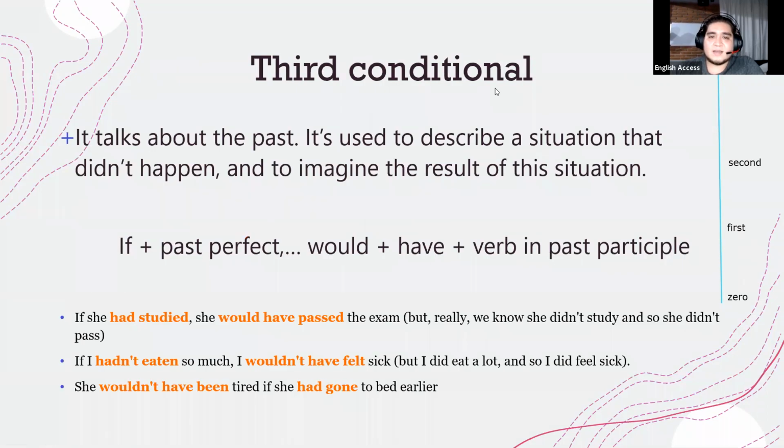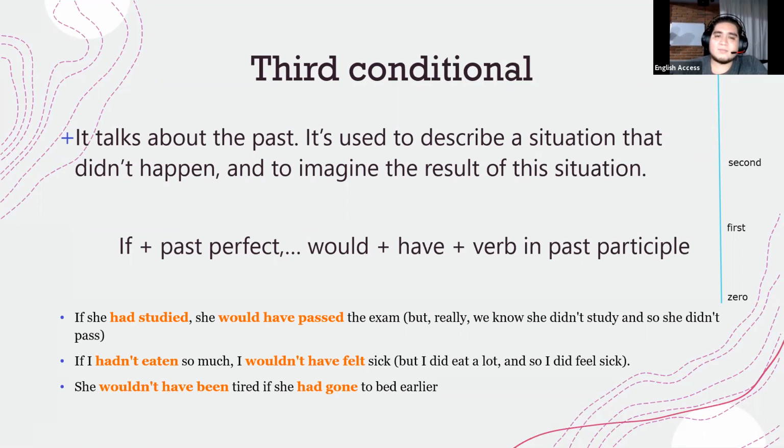Okay. Now, remember I told you that the third conditional is right over here? Well, you'll see why just now. Because the third conditional describes a situation in the past. And no matter what you do, you cannot change the past, right?